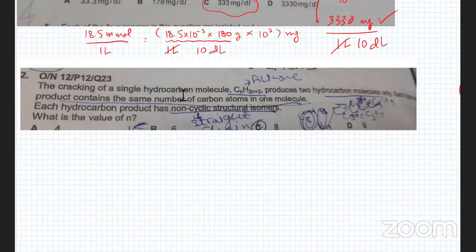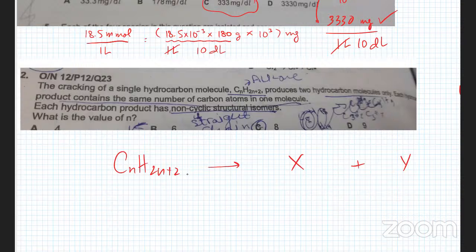So there's a hydrocarbon, which is CnH2n+2. It's being cracked into 2 pieces. And each product contains the same number of carbon atoms. So what does that mean? Do you have an even number of carbon atoms or an odd number of carbon atoms?